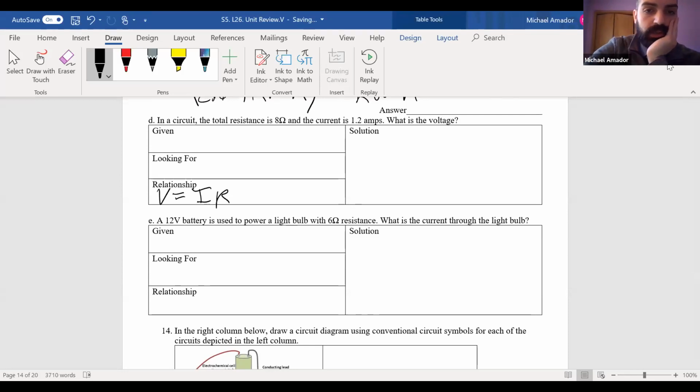So we can identify here that we're given R, the resistance, is equal to 8 ohms. We're also given that the current, I, is equal to 1.2 amps. We're being asked for what the voltage is. So what is V?